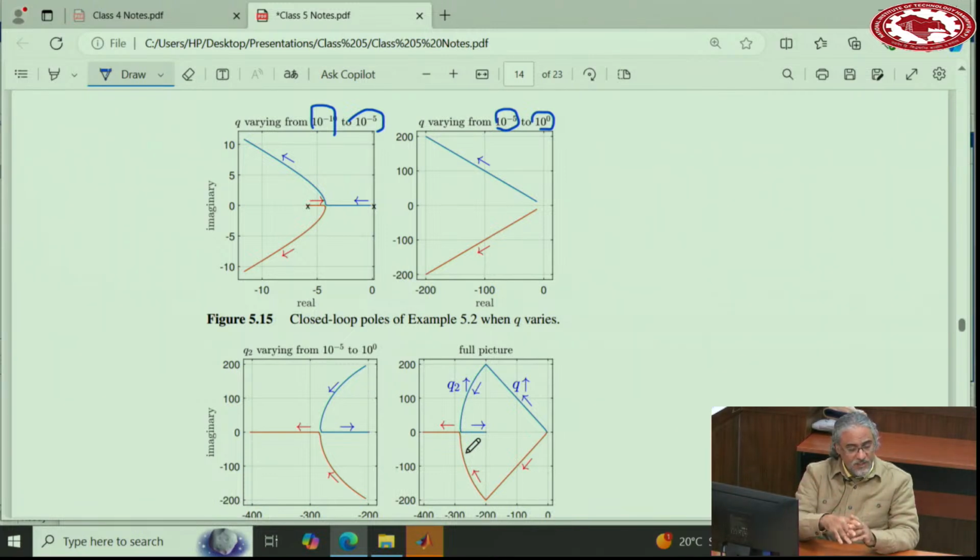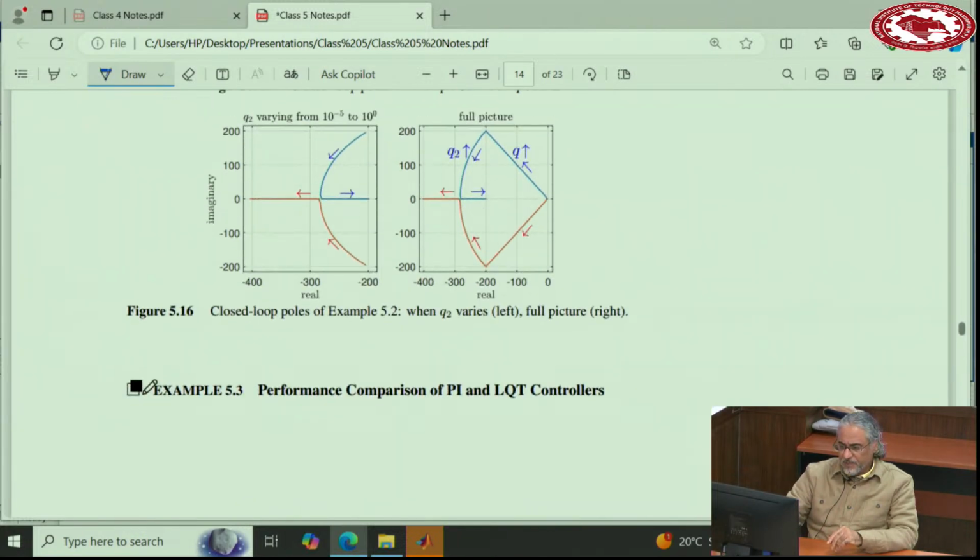If you are interested to give some weight to the current also, and make sure that changes or oscillations in the current are lower, then you can increase Q2 and the system will damp even further beyond 0.7. And if you continue, this happens. So this is the general picture that you will get in a system like that.